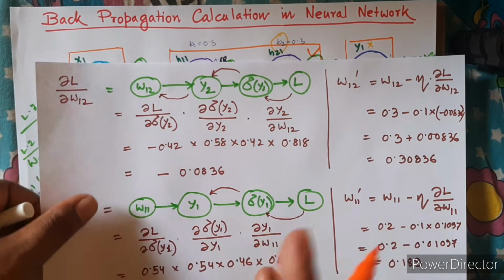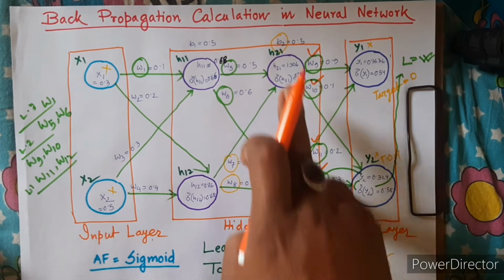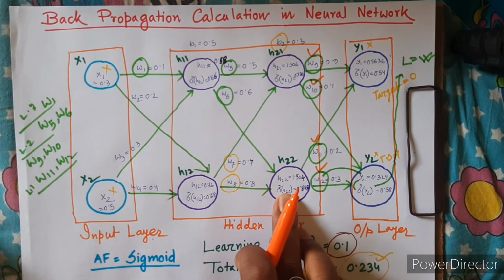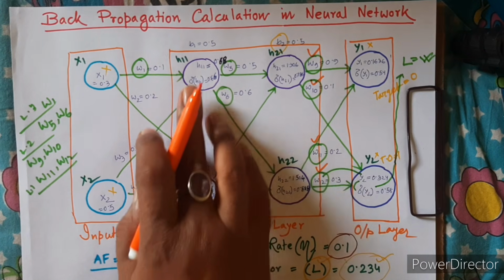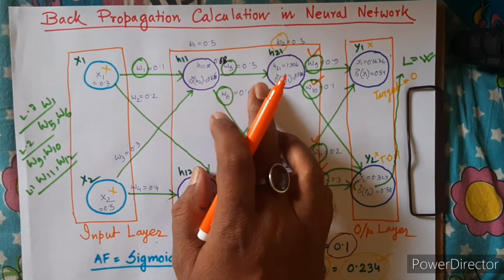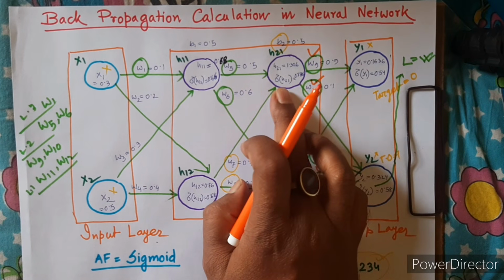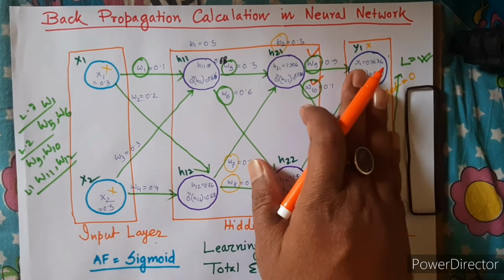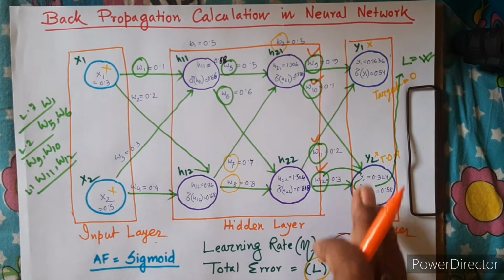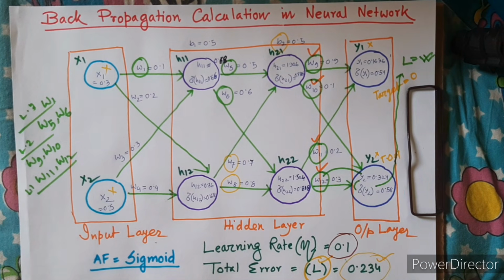Next we will move to the next layer, where each weight contributes to both nodes. If you calculate for W5, it is contributing to H21 and sigma of H21, and further it is contributing to both Y1 and sigma Y1, and Y2 and sigma Y2, and then L. So let's draw it. If you draw it, that will be very clear.